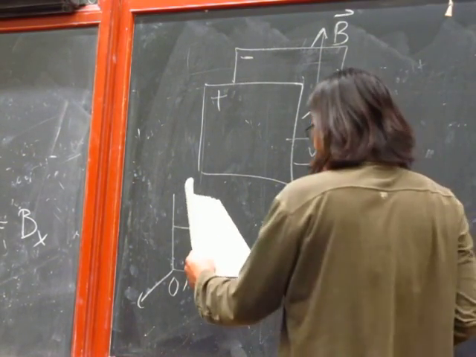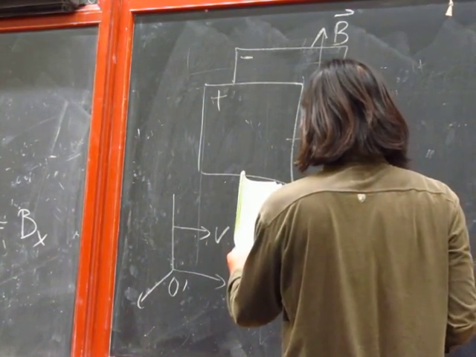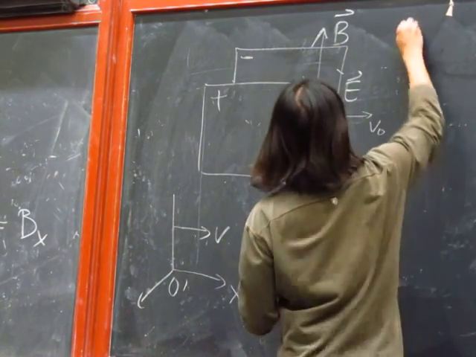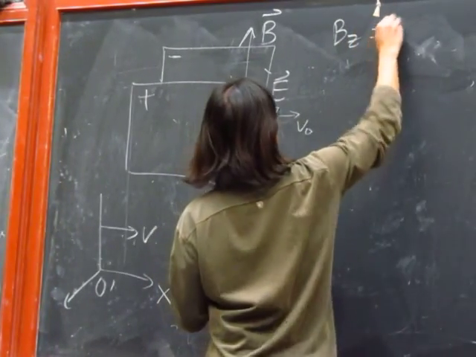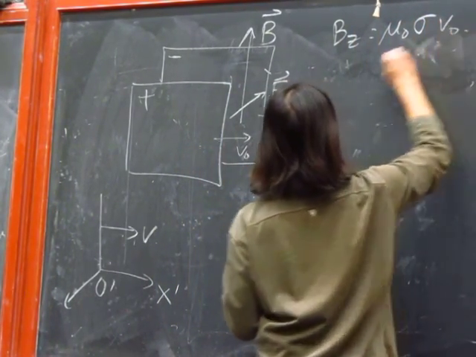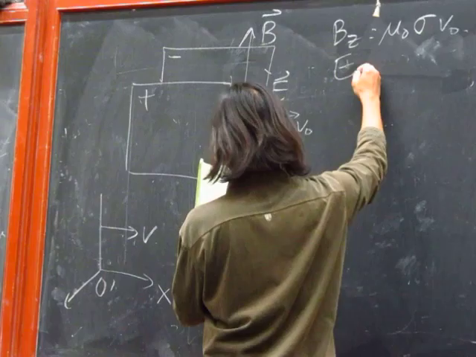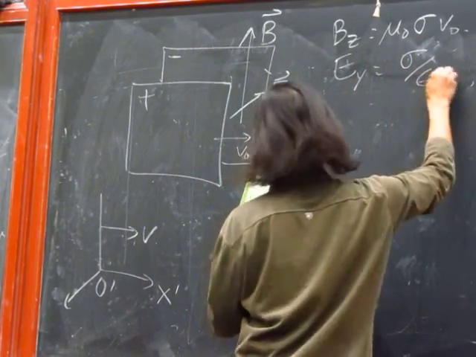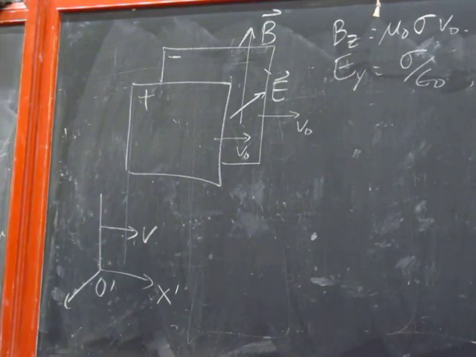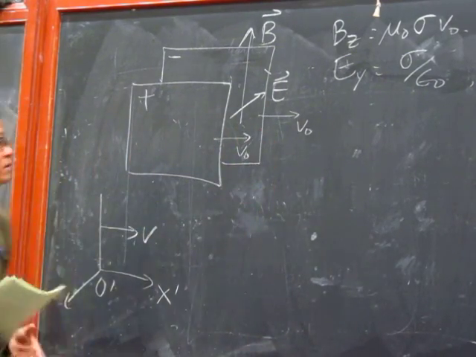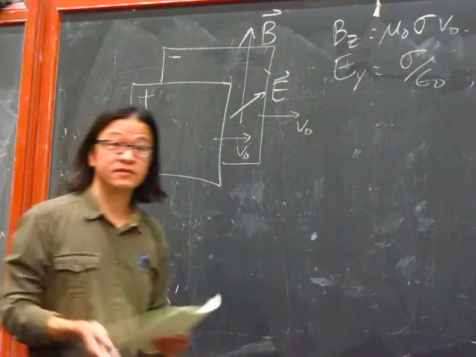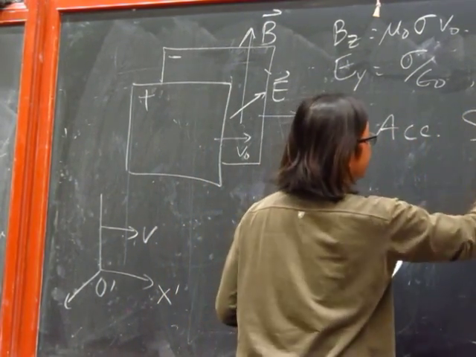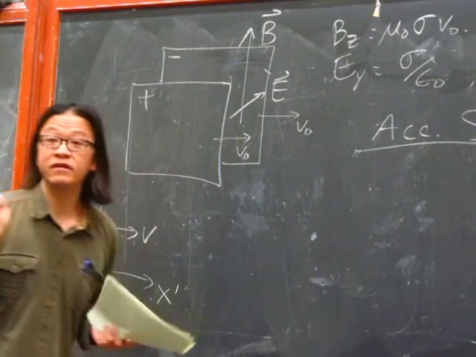Okay. So in the rest frame, again, we already know the formula. Bz is mu naught sigma V naught, and E, in this case, is in the y direction, Ey is sigma over epsilon. So it's boosted. Charlie sees a different velocity. What is that velocity? According to special relativity, you don't have Galilean transformation.